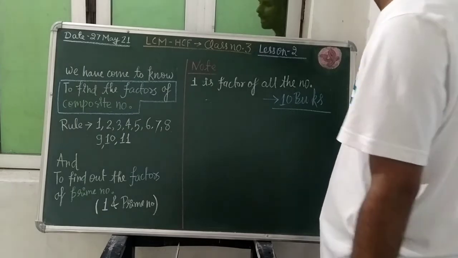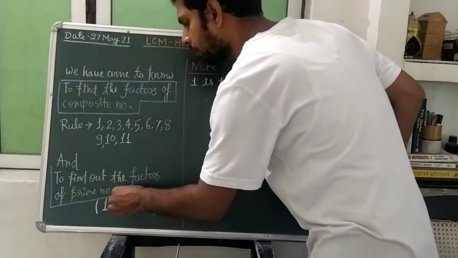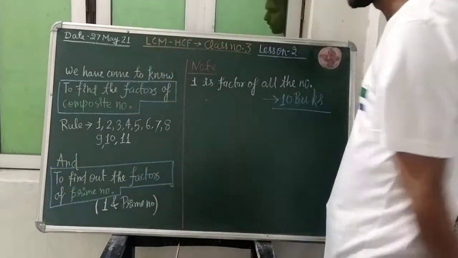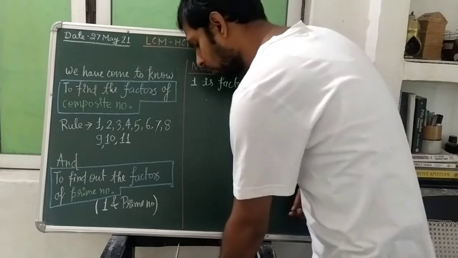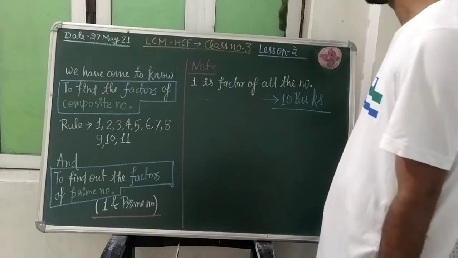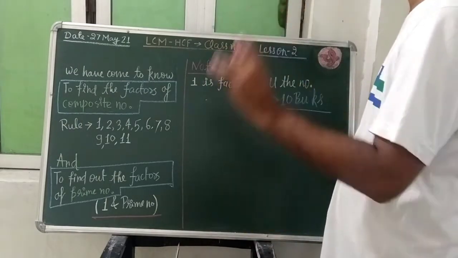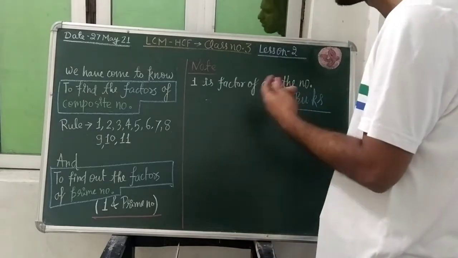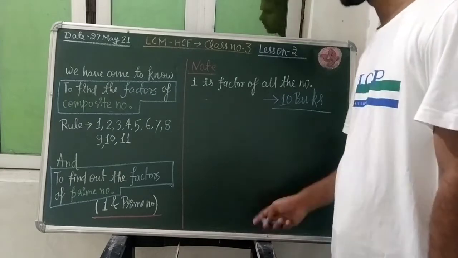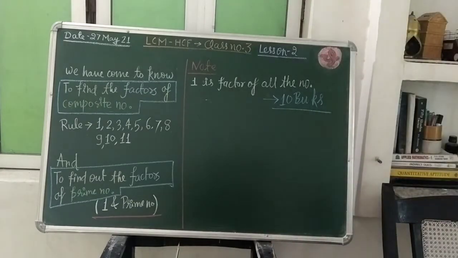And to find the factors of any prime number, the factors of a prime number are 1 and the prime number itself. And of course you can note down that 1 is the factor of all the numbers. So please write down up to here, thereafter we are talking about the other things.